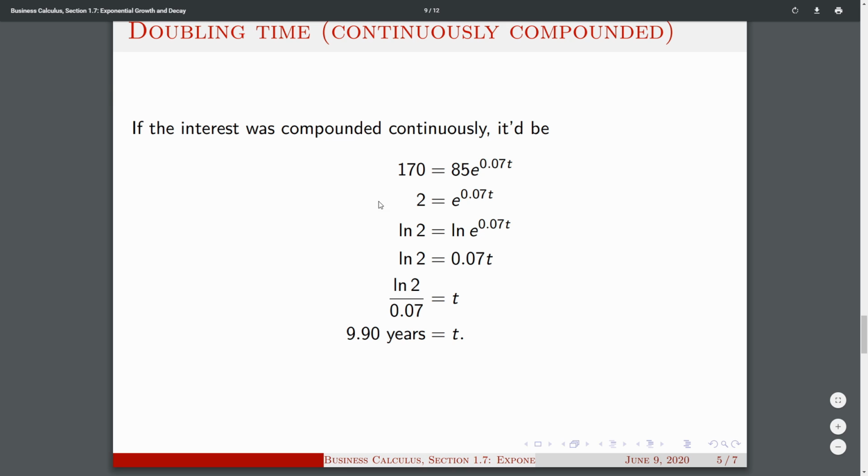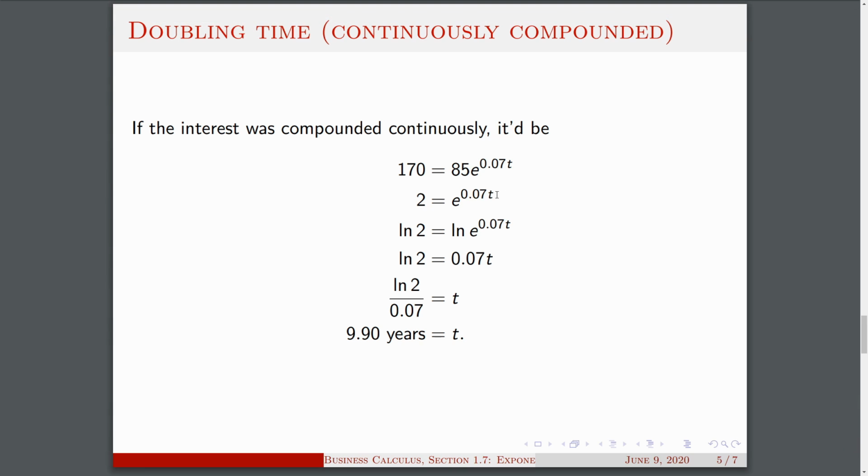Now we want to solve for this. Now we're ready to take ln of both sides. So I've done that here. And that brings this entire exponent, 0.07 times t, out in front. And I didn't write ln of e. Why didn't I write ln of e? Because ln of e is 1.